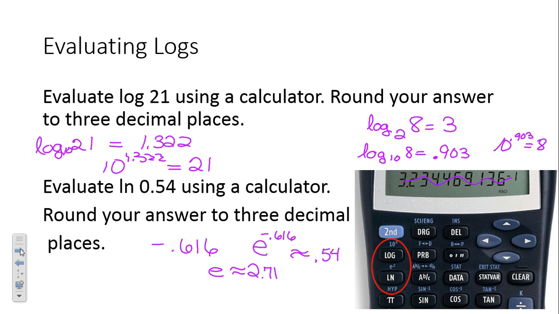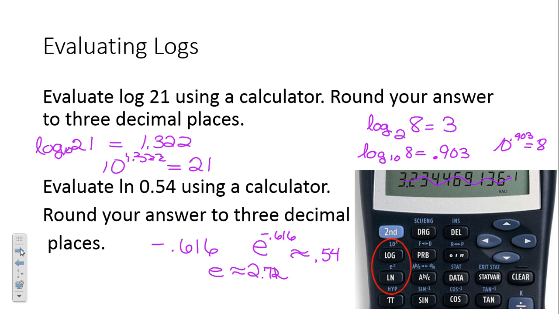You can find out what e is by plugging in e to the first on your calculator if you forget what it stands for. 2.718281, so I should really call it 2.72 when I round it. We're going to plug these things into the calculator and make sure we know how to work those problems.